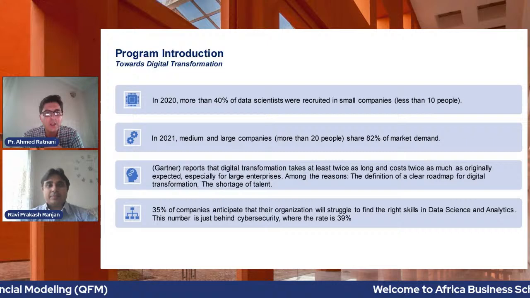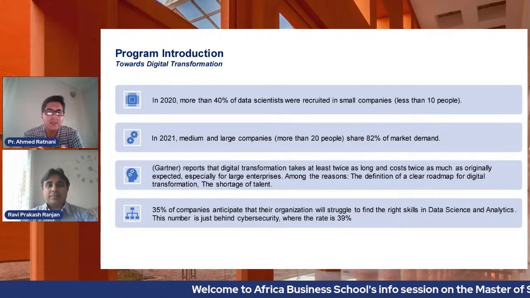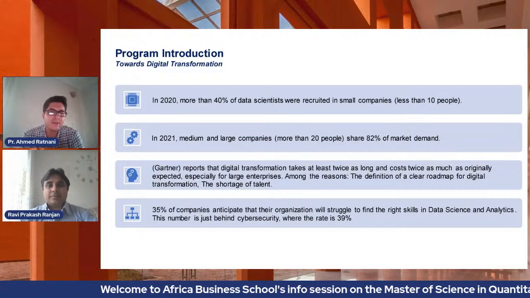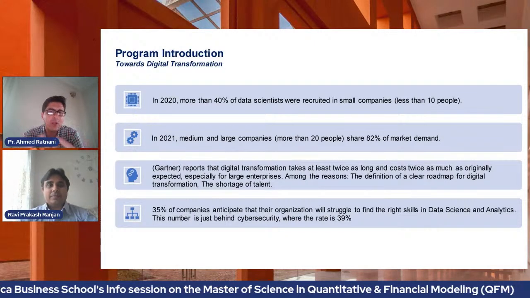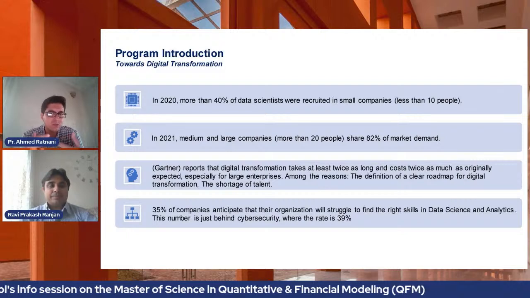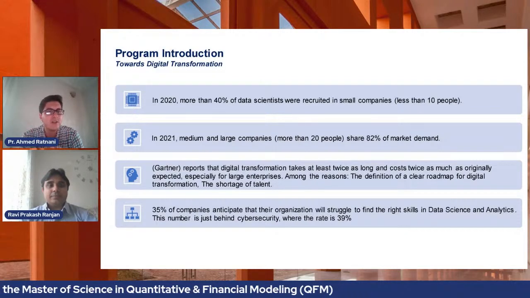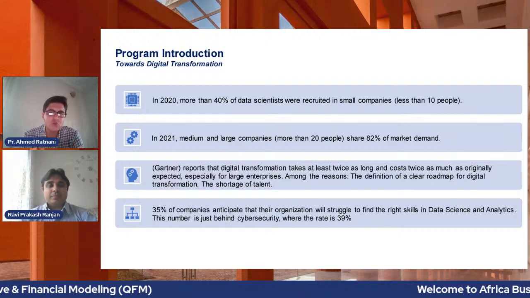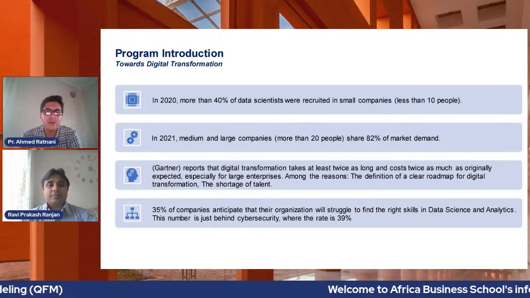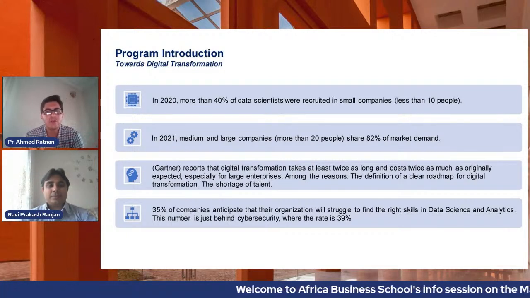In an interdisciplinary way. In fact, if we take a look at the recent Gartner reports, it says that this digital transformation is taking at least twice as long and costing twice as much as originally expected. One of the reasons for that is for sure that it is a hard task to go from prototyping to production.